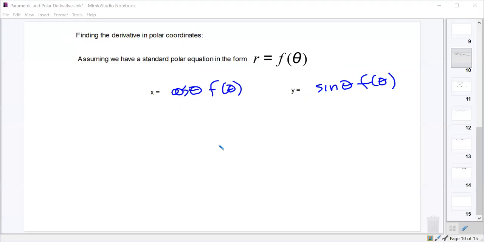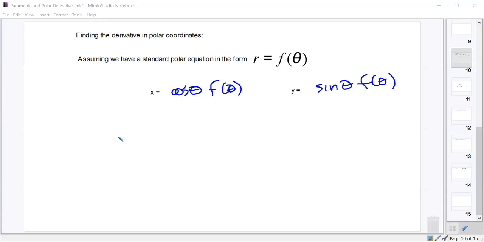All right, so everybody good with we could rewrite x and y as this, cosine theta f of theta and sine theta f of theta? Right, x is r cosine theta, and y is r sine theta, right? And so then, what does this look like now? What kind of function does this look like? With any luck, it should look like a parametric function, exactly.